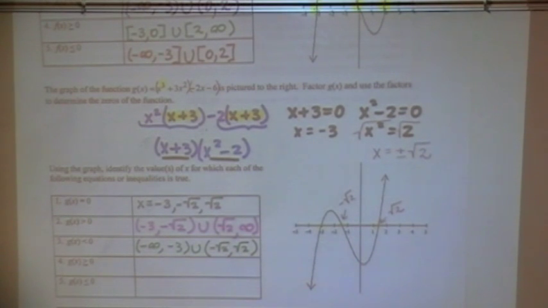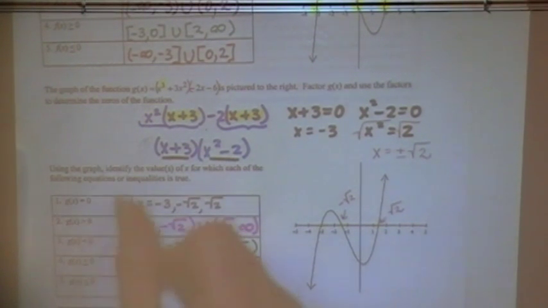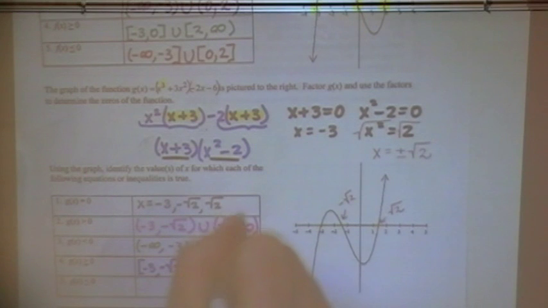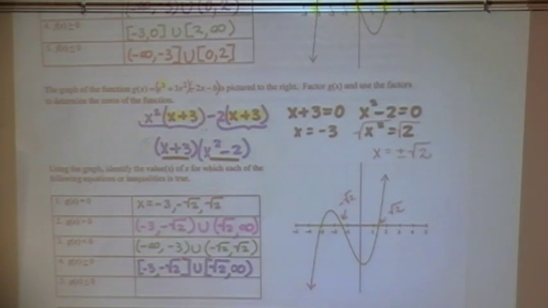Where is g of x greater than or equal to? So above or equal, so I've got some brackets this time. Bracket negative 3, negative square root of 2 bracket. And then 5 asks where it's less than or equal to.